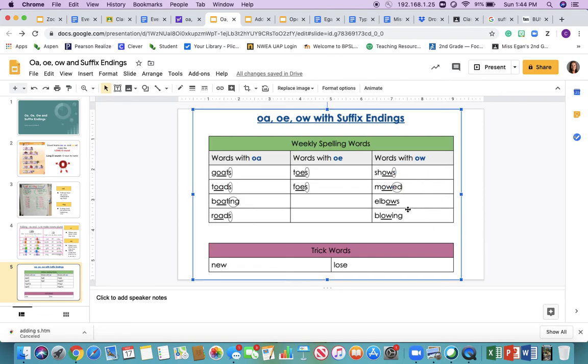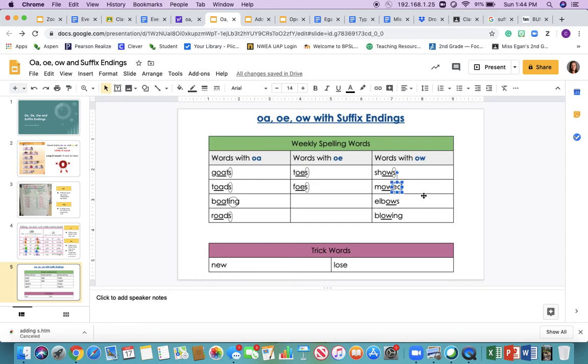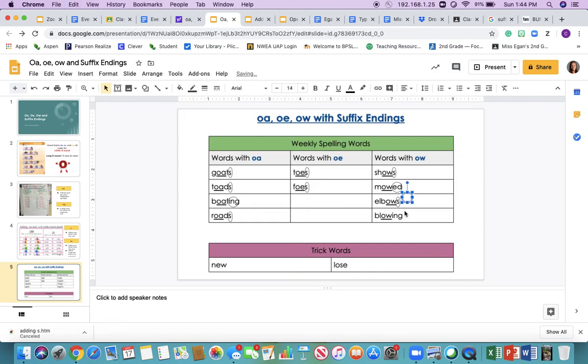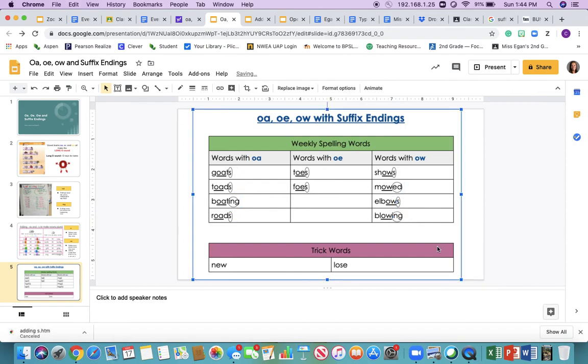He was mowing the lawn. Dad mowed the lawn yesterday. Mom mowed the lawn yesterday. Okay? Now you have suffix S again here, base word elbow, suffix S. And then blowing. Again, the word blow can stand on its own, and blowing, ing, is the suffix.